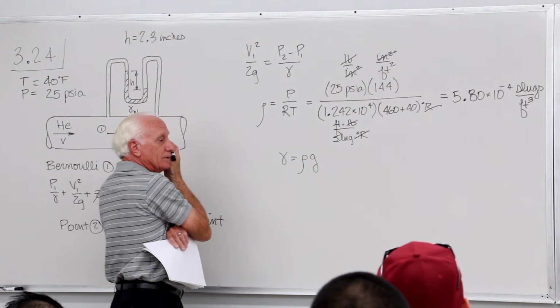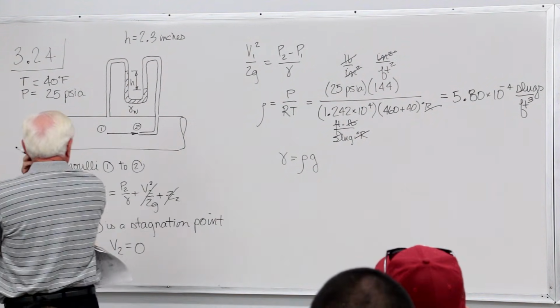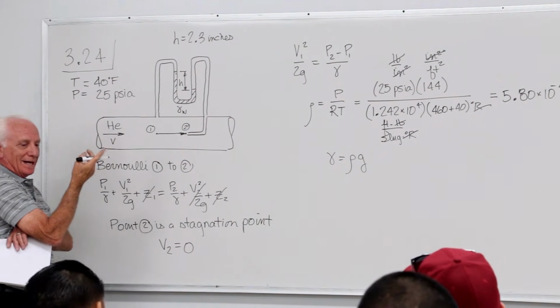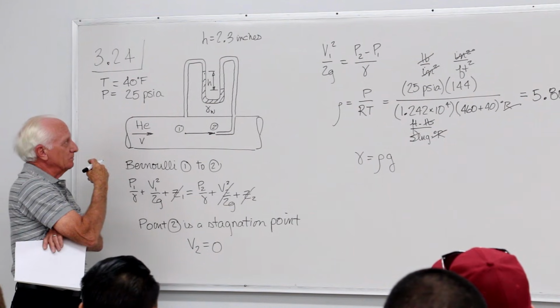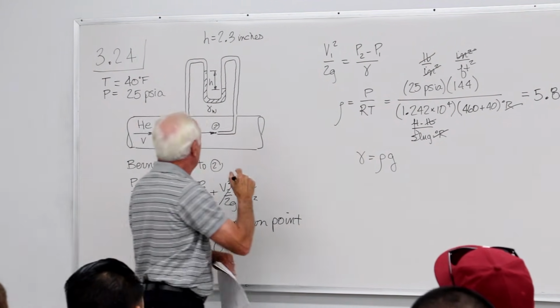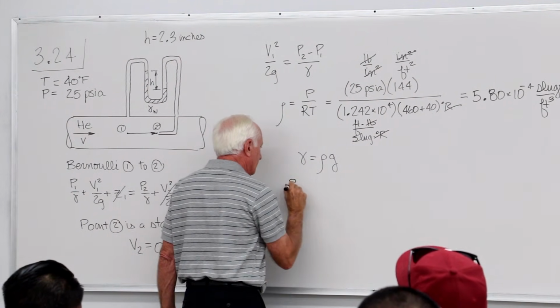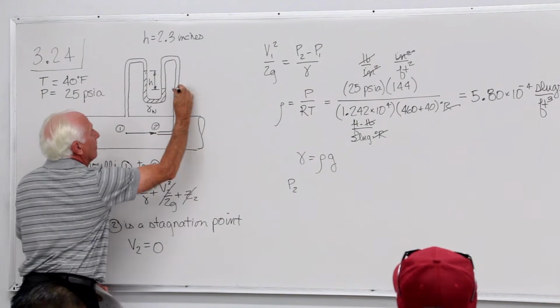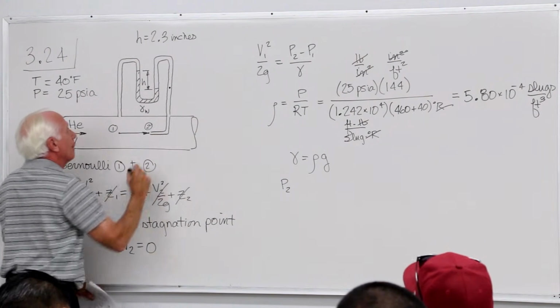I need P2 minus P1. Now, this is chapter 3. Back to chapter 2: P2 minus P1, U-shaped manometer. Start at point 2, P2. We go up. How far up to that black dot?